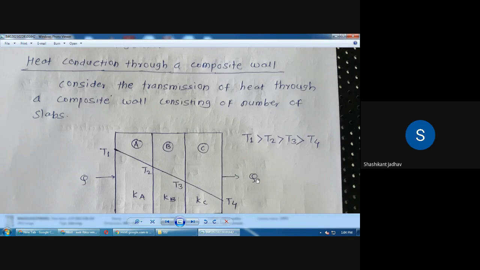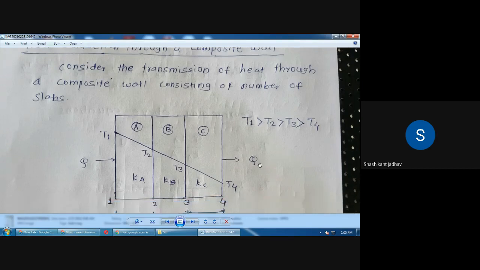In this case we are considering three slabs, that is A, B, and C. These are different slabs having different materials, so they have different thermal conductivities. So all of you draw this diagram, composite wall.